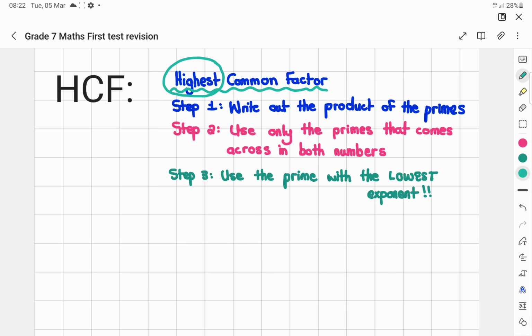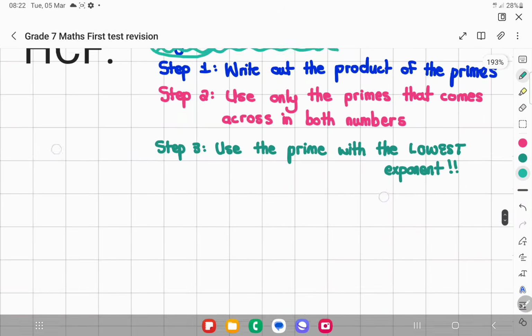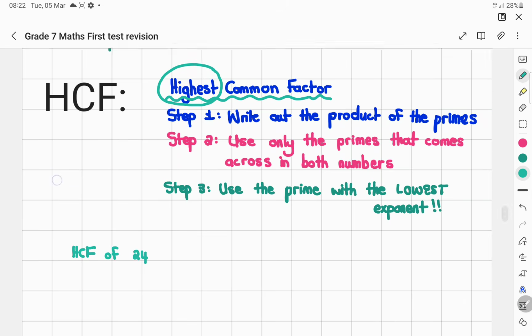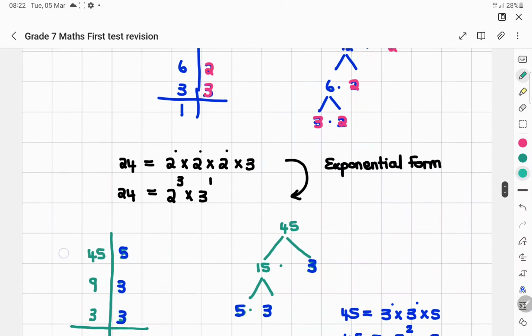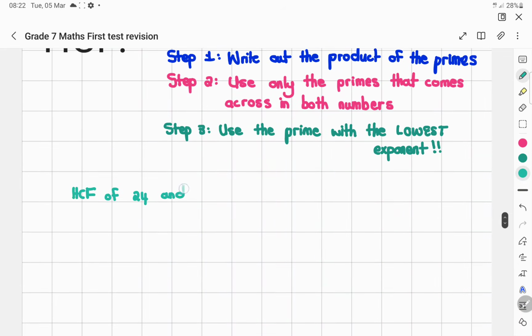So step 1, we're going to write out the product of its primes. So let's quickly look. If we want to find, let's say, the HCF of 24, let's just use these ones that we now know the product of its primes, and 45. So they say to you, find the HCF of 24 and 45.